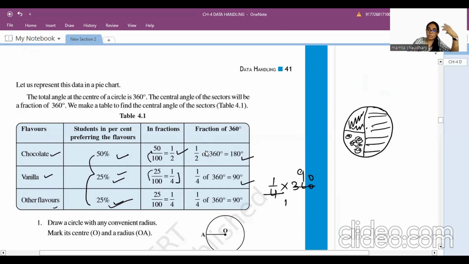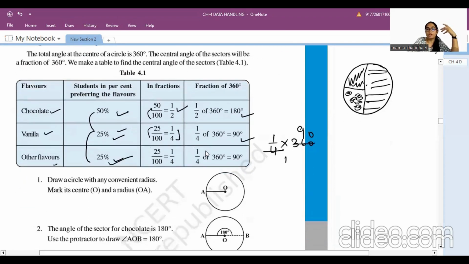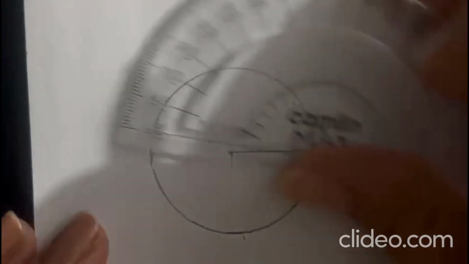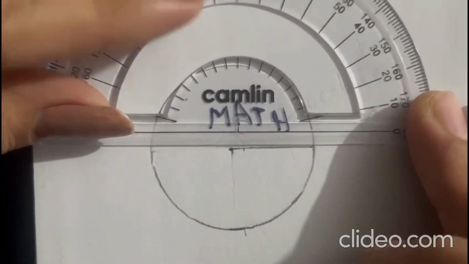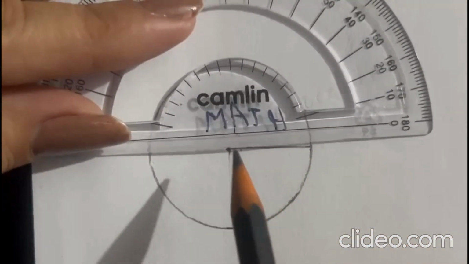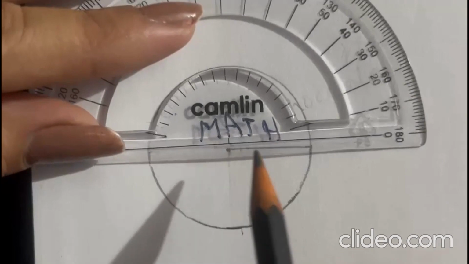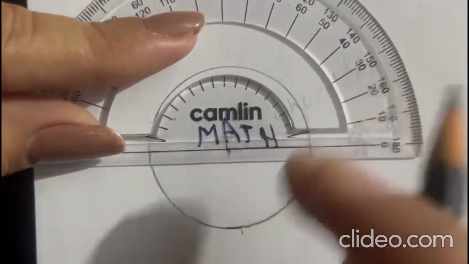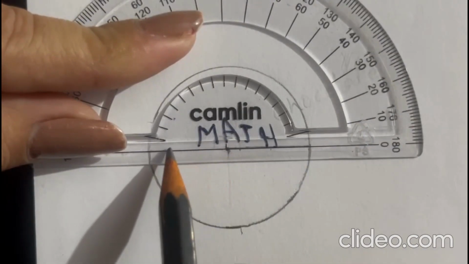Okay. Now let's see how we will draw it particularly. Yes, children. So now we will draw. First of all, we will draw this 180 degrees. How do we draw 180 degrees? This point should coincide with this one, right? And this line should coincide with this line. So now here you can see this line is 180 degrees.